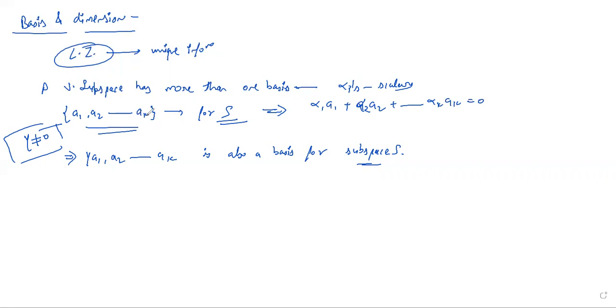Now as these are basis vectors, they are linearly independent, so all the alpha i's would be 0. Now let's check the linear independence for the new vectors with scalars alpha i's.